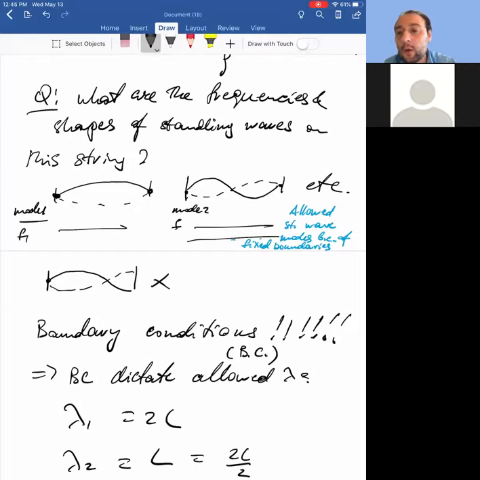A more practical way is to apply an external driving force that's a pure periodic driving force, a pure sine wave. And when the frequency of that external driving force comes very close to one of these natural frequencies, the mode will just light up. In other words, it's a resonance phenomenon.